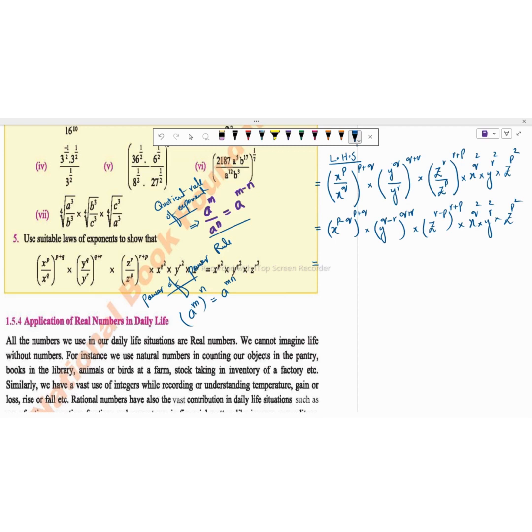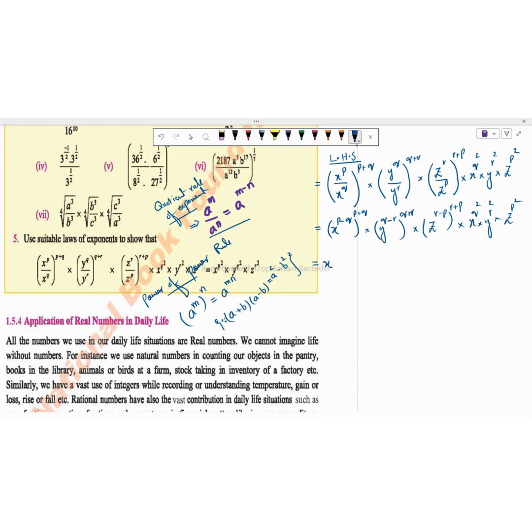And here boys, we can use one identity, the formula (a plus b) into (a minus b), which becomes a square minus b square. So I will use this formula here.